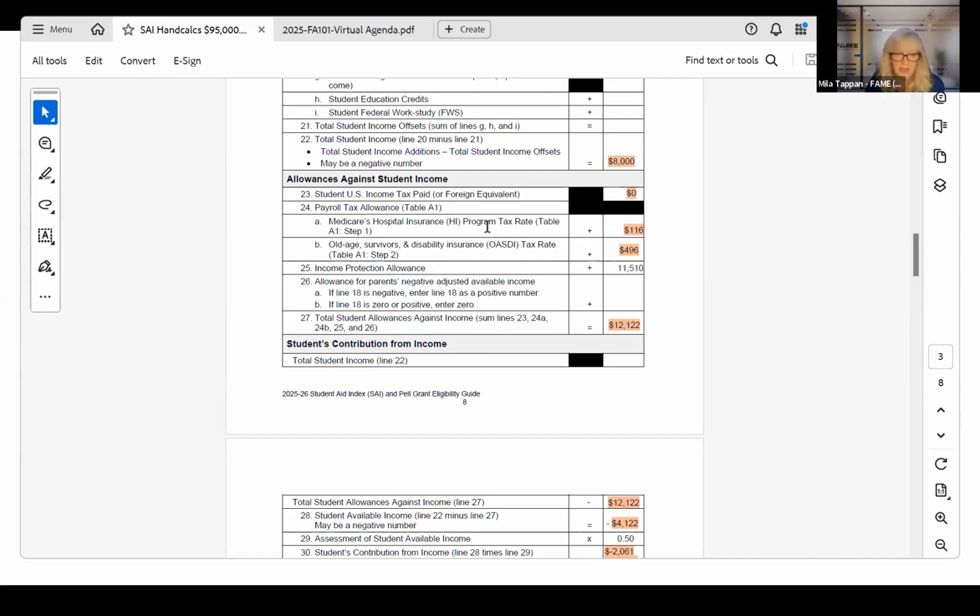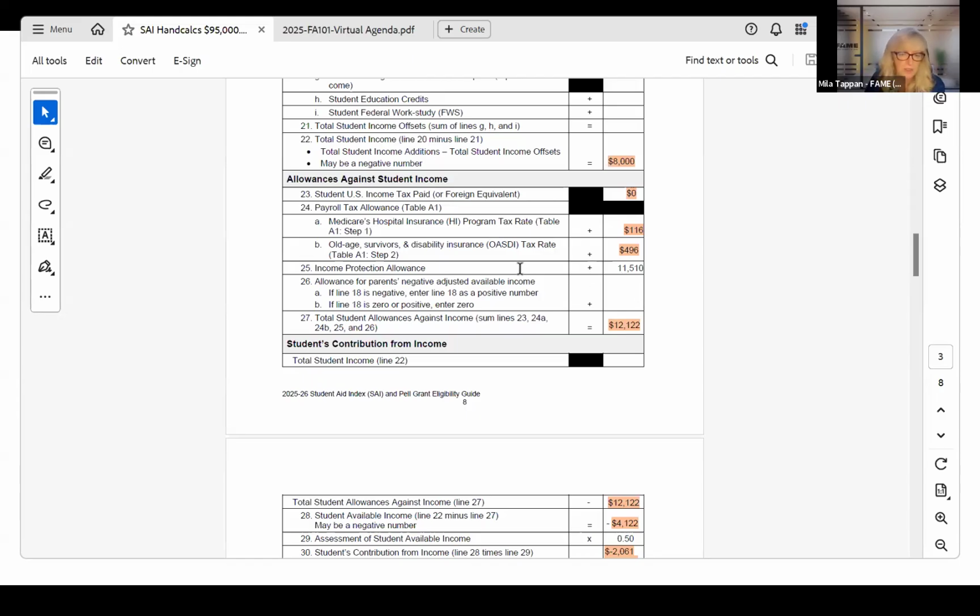So again, use the same 1.45% times 8,000 to get 116. The 6.2%, again listed in that table, multiply that times 8,000 to get our $496. Now, students also have an income protection allowance, and the student's income protection allowance is hard-coded in.